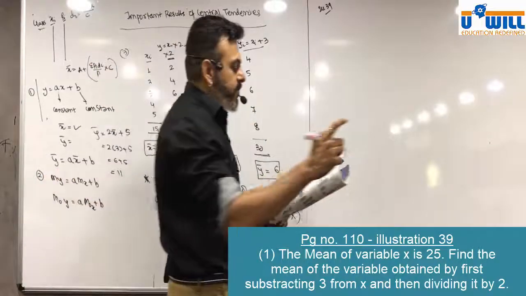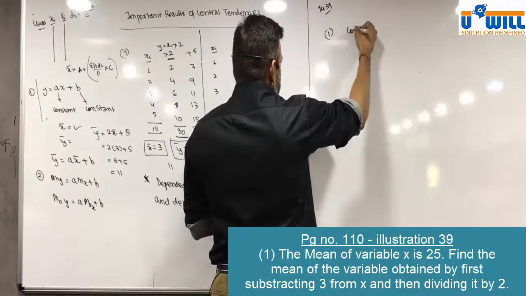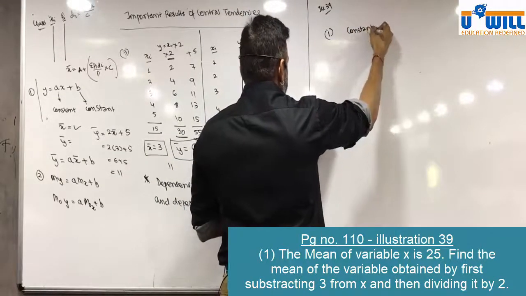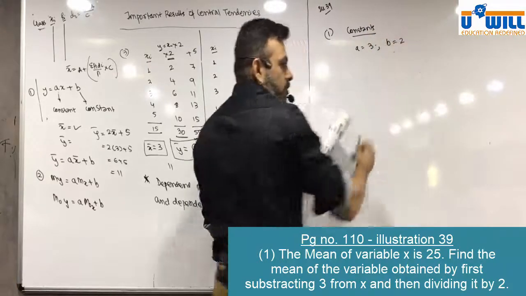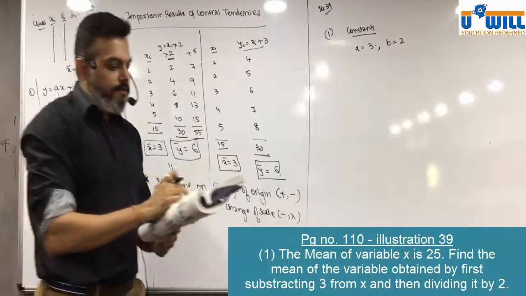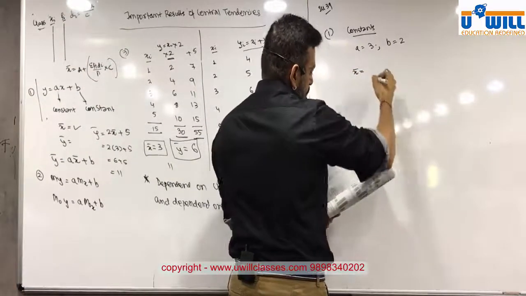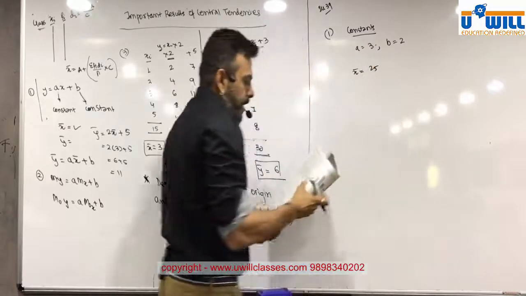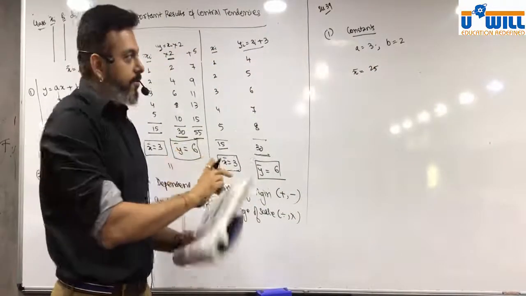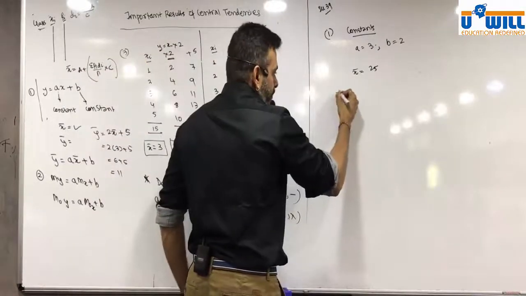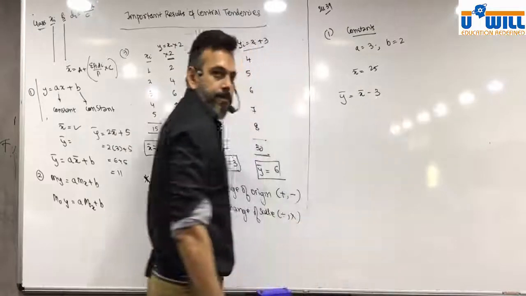Now there are two constants. So first, we write the constants. A is 3 and b is equal to 2. Now mean of variable x bar is equal to 25. अब क्या किया है? First subtracting 3 from x. So I'll say y bar is equal to x bar minus 3.